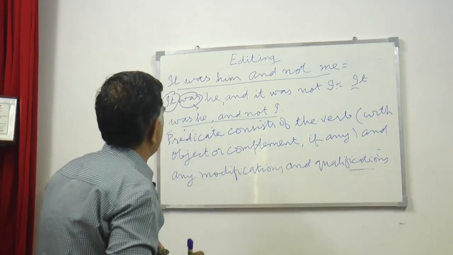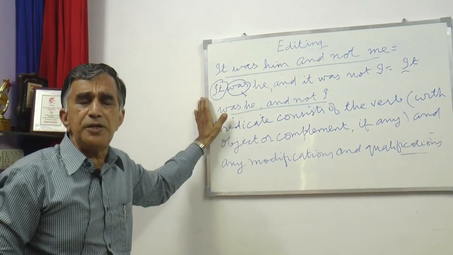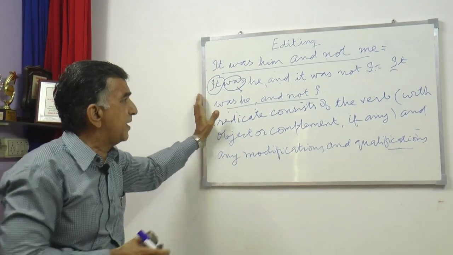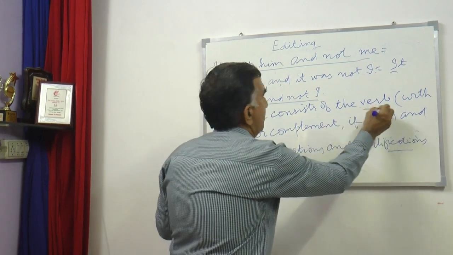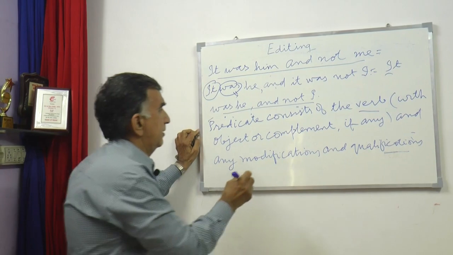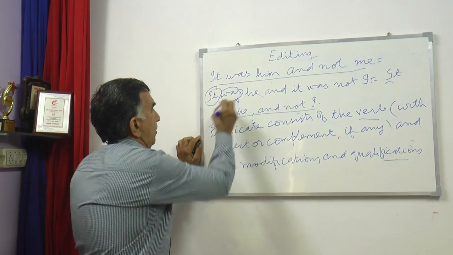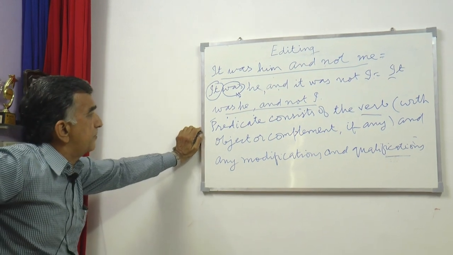So, predicate expresses the action or condition of the subject. Predicate consists of the verb. We have a verb here telling us the condition of the subject.